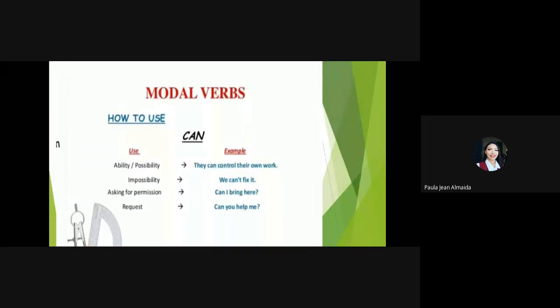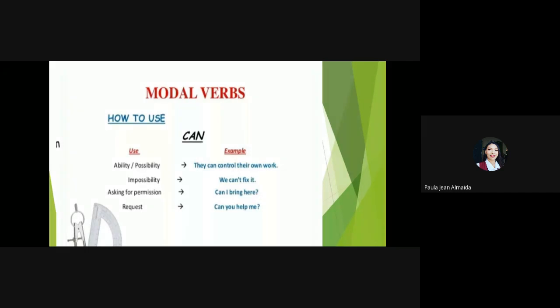And next is the modal verb can. How to use can? You can use can for ability and possibility. For example, they can control their own work. This is their ability to control their own work, and it is possible to control their own work.